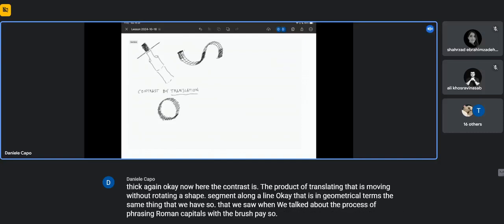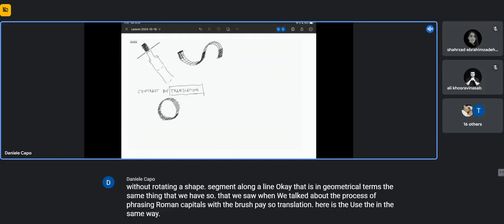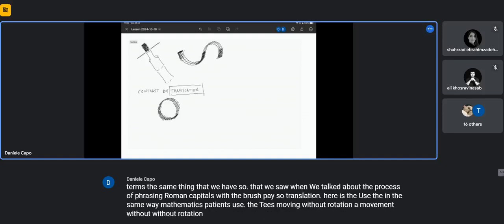So translation here is used in the same way mathematicians use it. That is moving without rotation, movement without rotation.